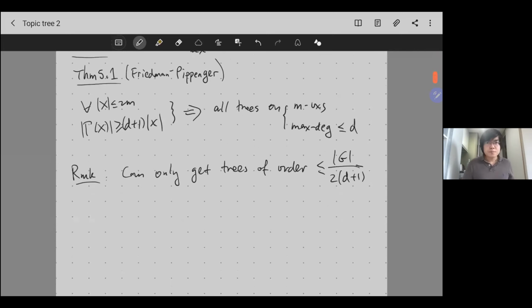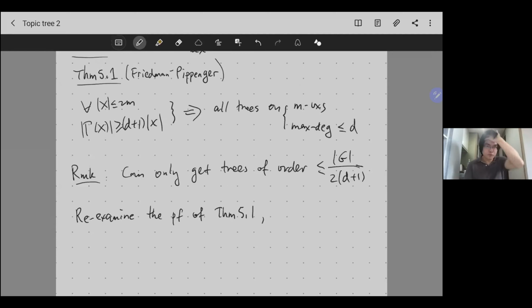So if we re-examine the proof of the Friedman-Pippenger that I gave yesterday, actually exactly the same proof, identical proof.